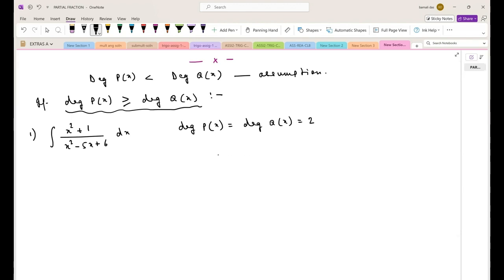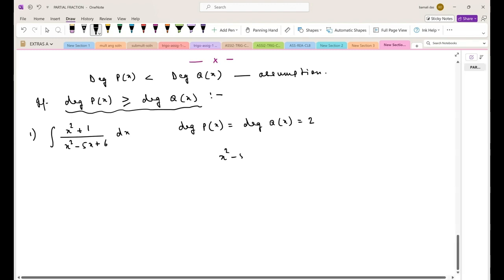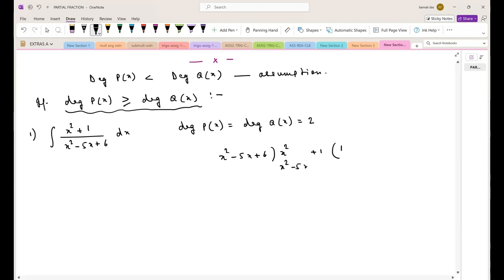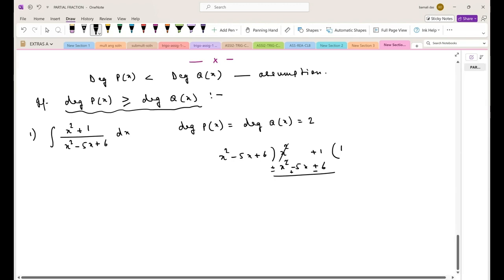Let me do it here. So x square minus 5x plus 6 into x square plus 1. I'm sure you all know how to do this, but still I'm doing it. x square minus 5x plus 6, subtraction. So these get cancelled.